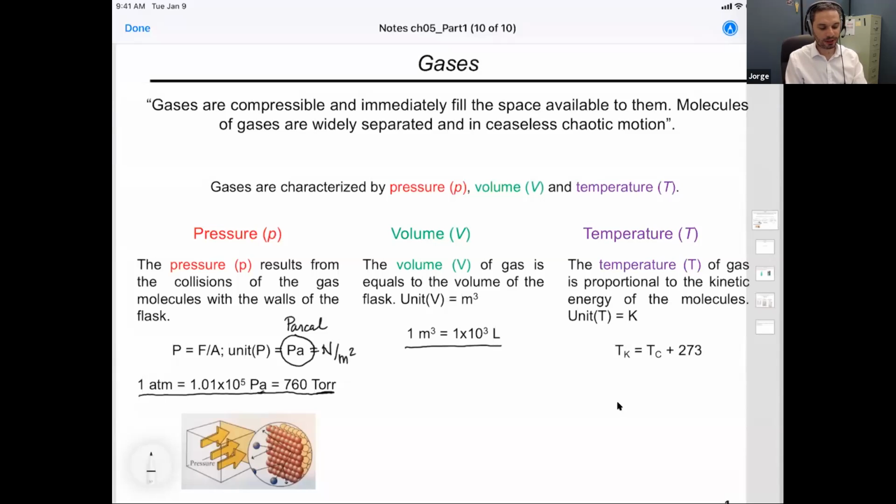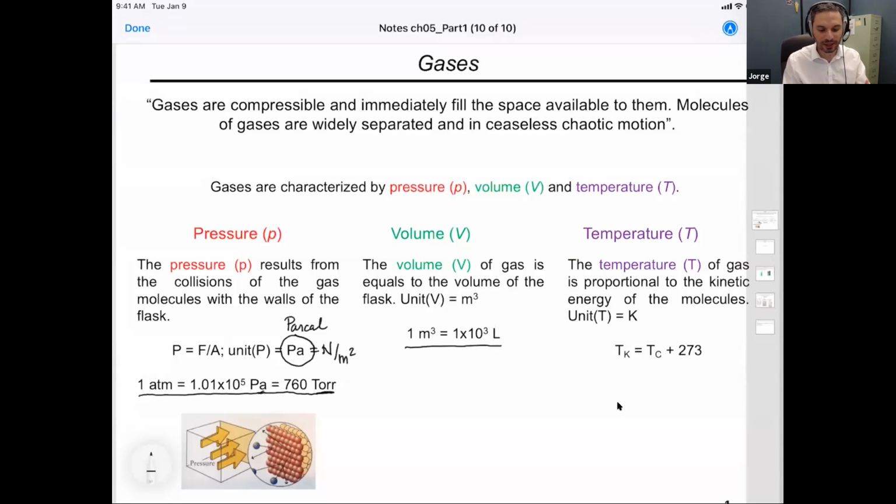And finally, the last variable that we need to know to characterize a gas is the temperature. Always look at the temperature as something that's proportional to the kinetic energy of the gas molecules, okay?